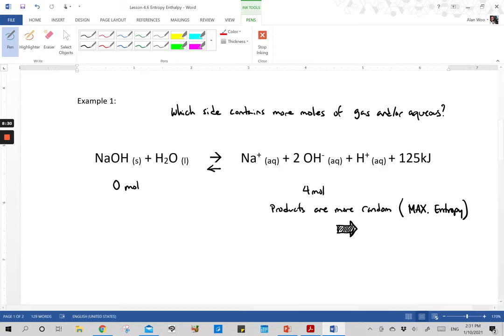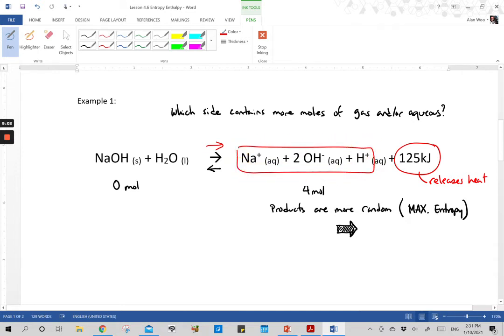When your reactants turn into products, they're releasing 125 kilojoules of heat. If 125 kilojoules of heat is being released in the forward reaction, that means these substances here lack 125 kilojoules of energy.